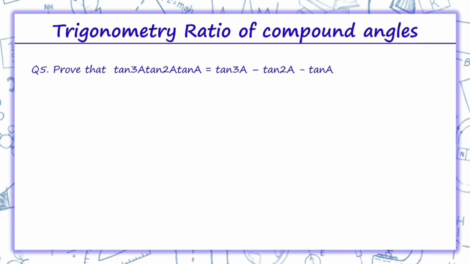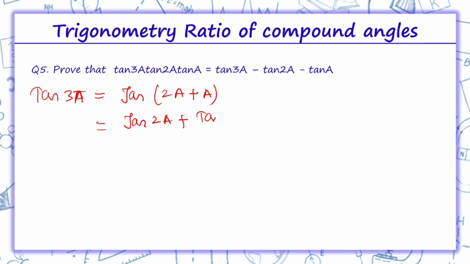The last question which we have over here is we have to prove tan 3a tan 2a tan a equals tan 3a minus tan 2a minus tan a. Now see, tan 3a can be written as tan of 2a plus a. So we will apply the formula over here: tan 2a plus tan a upon 1 minus tan 2a into tan a.